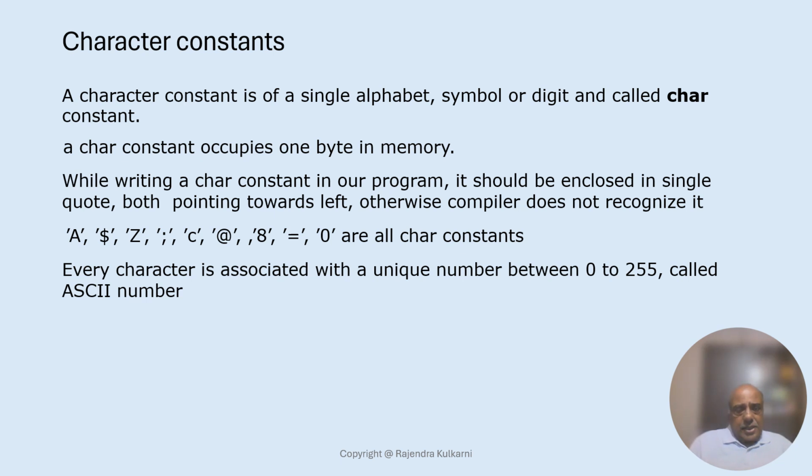The reason why a char constant can be accommodated in 1 byte is that a char is represented by a code called ASCII code. In this code, every character has been associated with a number, and there are 256 characters which are associated with 256 numbers in the ASCII code.